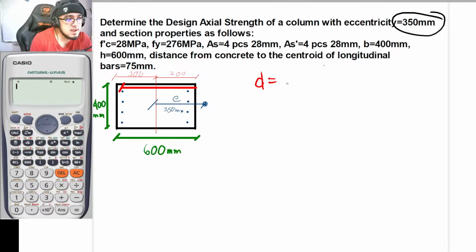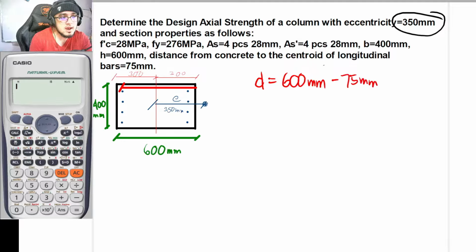That is now to be equal to 600 mm minus, it is said here that the distance from the concrete to the centroid of the longitudinal bars is to be equal to 75 mm. So with that, we would just be subtracting 75 mm here.